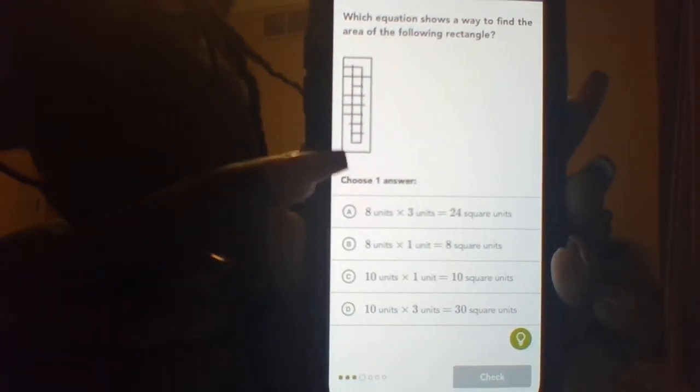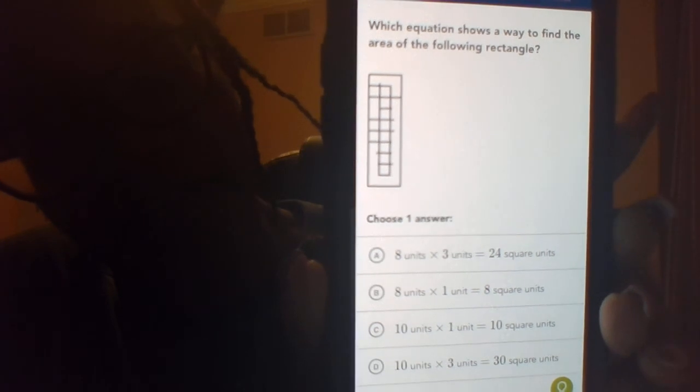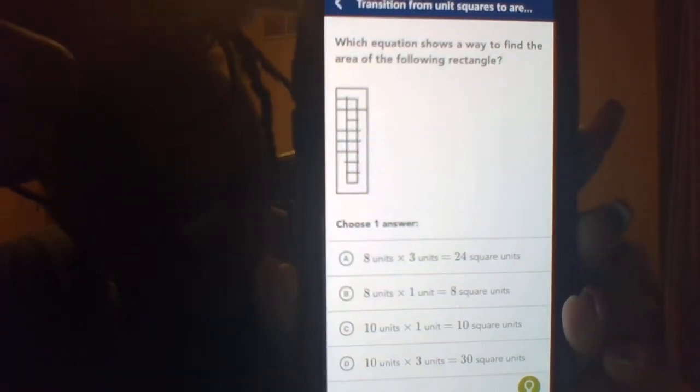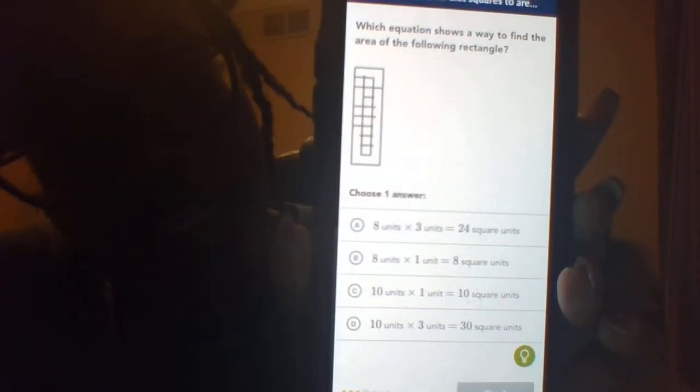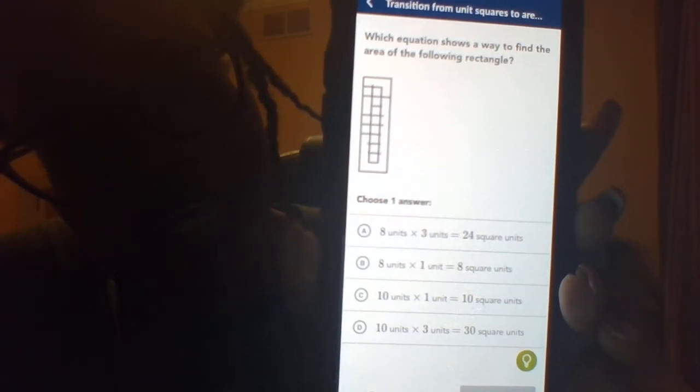So there's 10 squares in that column. So we're gonna have 10 groups of 3 or 3 groups of 10. So we see that that is going to be option B. 10 times 3, which means we should have 30 square units.